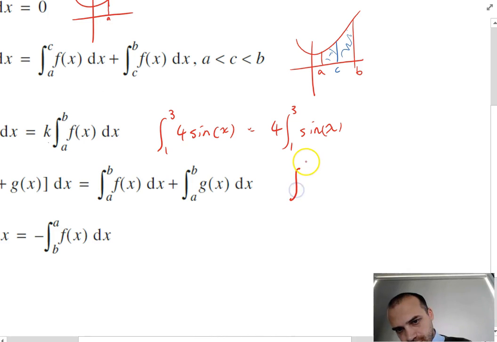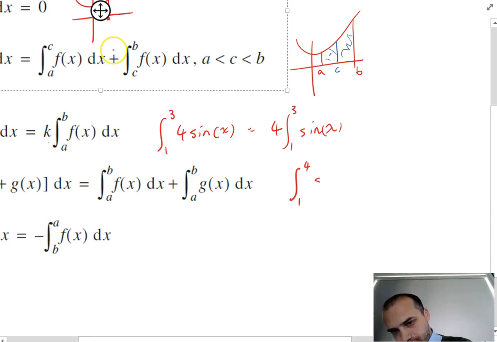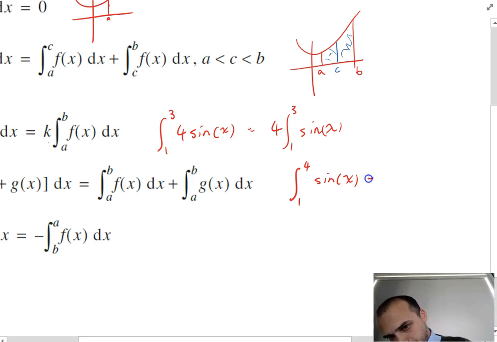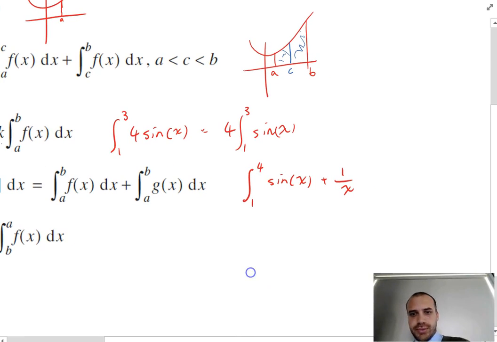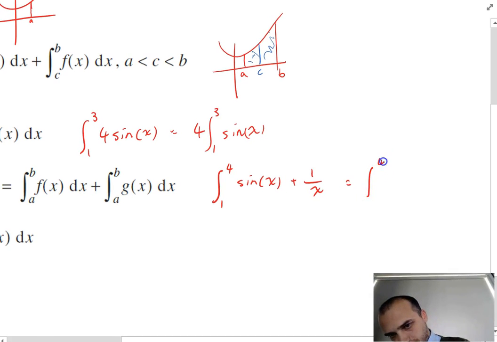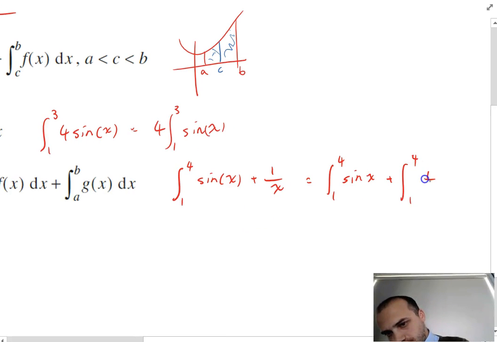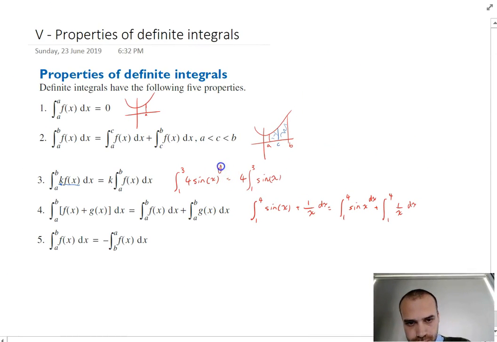The integral between 4 and 1 of sine x plus 1 on x is equal to the integral between 4 and 1 of sine x plus the integral between 4 and 1 of 1 on x. I should be using with respect to x there, with respect to x there, and with respect to x there.